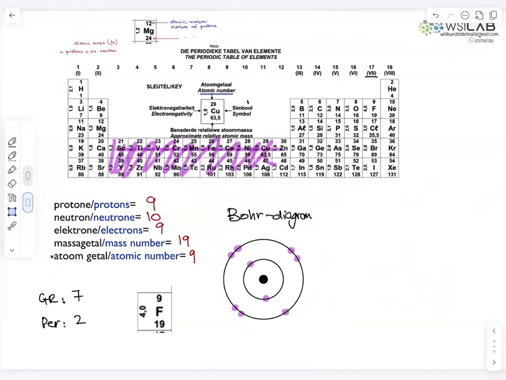That's a Bohr diagram. And then isn't the other one the Aufbau diagram? Yeah, Aufbau diagram. So Aufbau is just a diagram that shows you where the electrons are. So we have n equals 1.